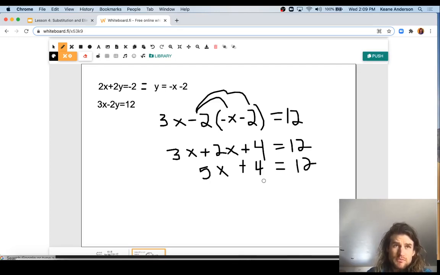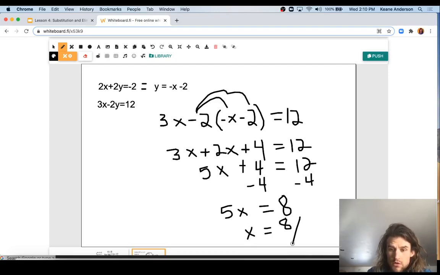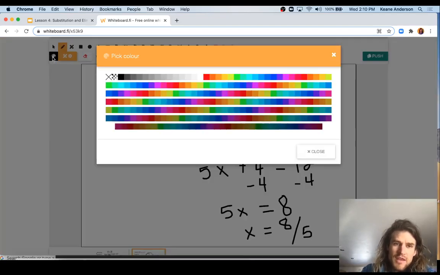Now we're going to subtract 4 from both sides. So that gives us 5x equals 8. And then x equals 8 over 5. Okay, so we have a fractional answer here. Not so easy to work with, but in real life, numbers get messy.